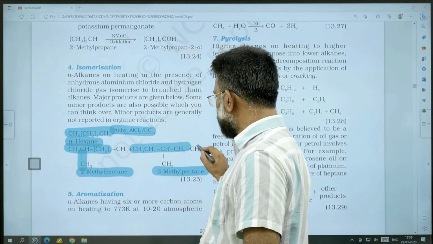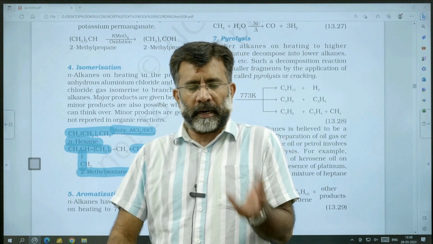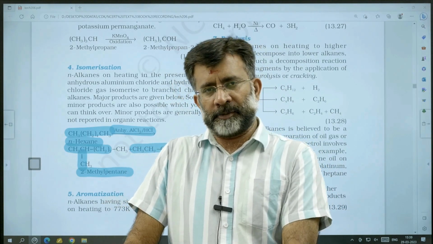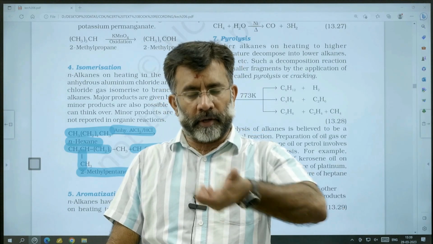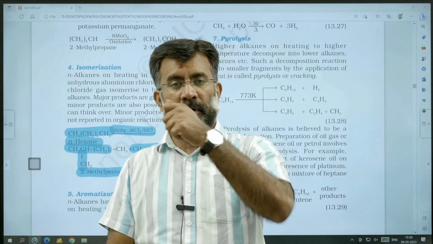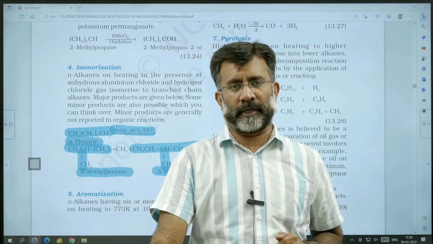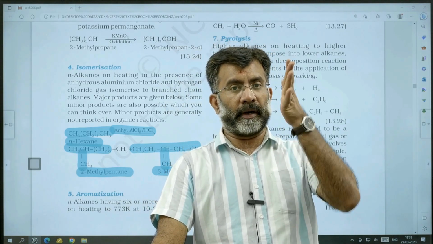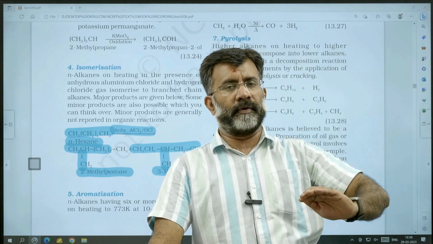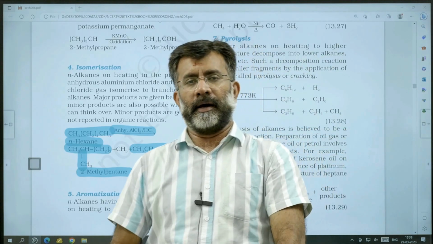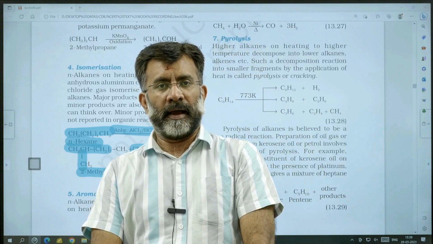This is special in the petroleum industry to improve the quality of petrol and petroleum products. These reactions are important. A given long, straight chain molecule is converted to constitutional chain isomers.